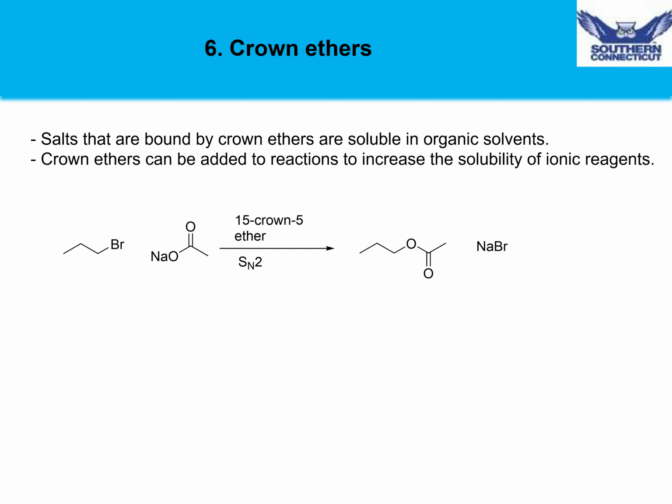As an example, if we wanted to do an SN2 reaction between an alkyl halide, which is organic soluble, and sodium acetate, which is ionic and water soluble, in order to have the two mix well, we often use a crown ether, such as 15 crown 5 ether, which is able to dissolve sodium, and as a result, it will help dissolve the acetate ion into a solution with diethyl ether.